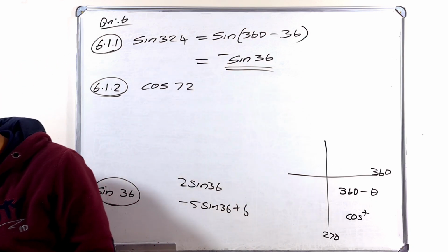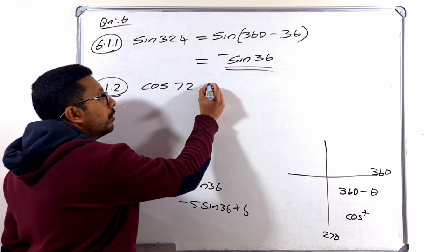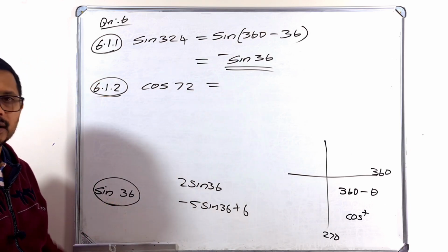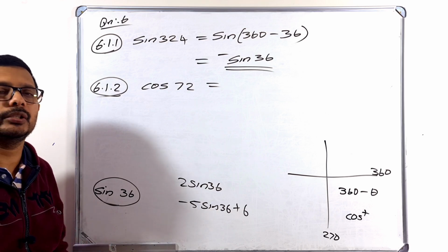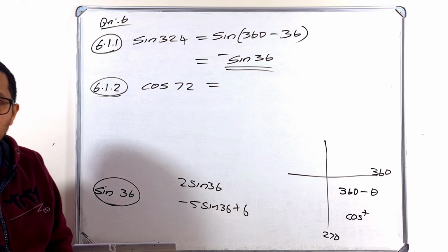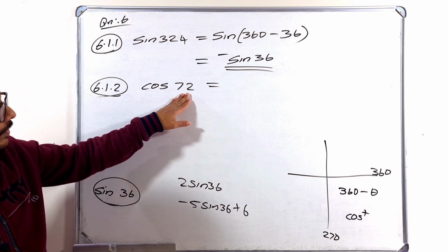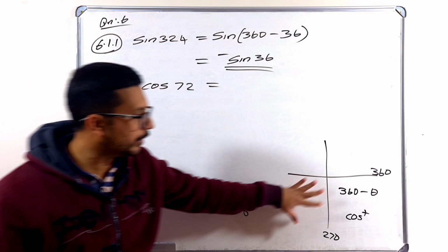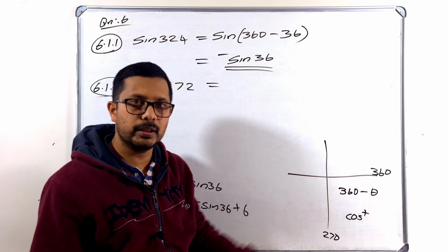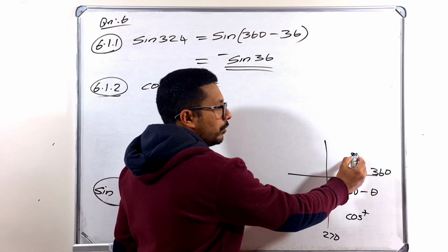Okay, next question, cos of 72. So here also we are supposed to write the answer in terms of sine 36. Sine 36 must be there in your answer. So how can we write that one in terms of sine 36? First you have to check whether it is possible to write sine 36 there with the reduction method, but I don't think 72 is somewhere here as an acute angle.